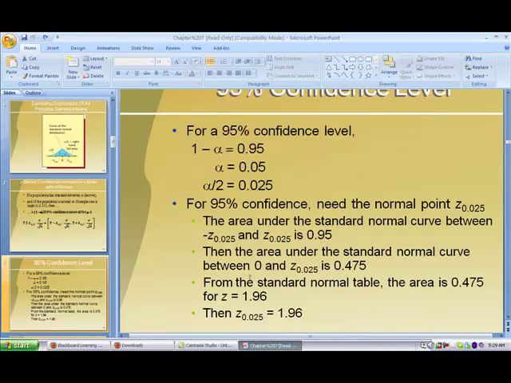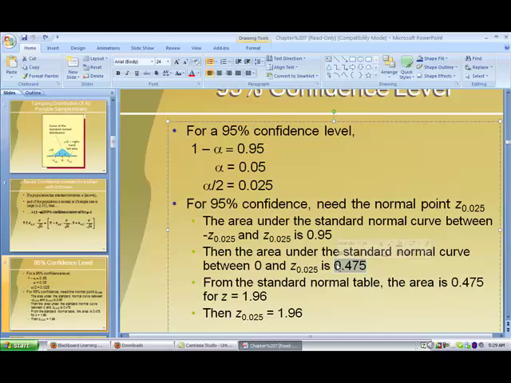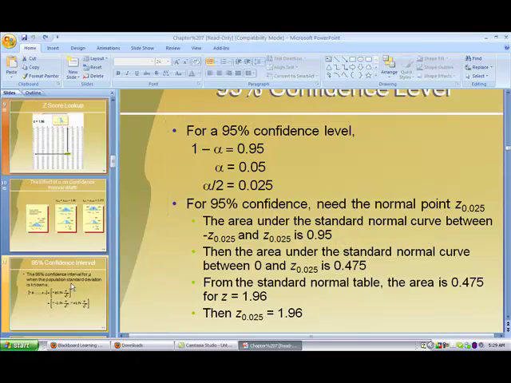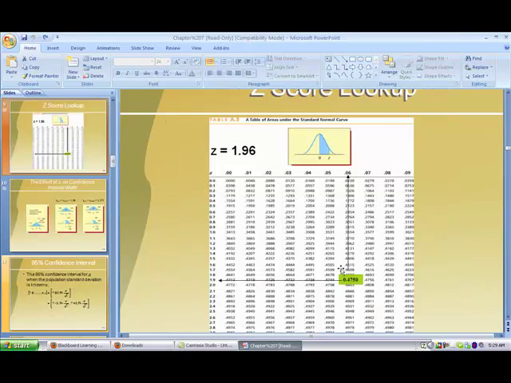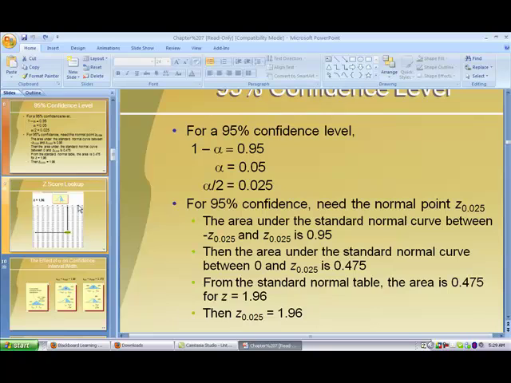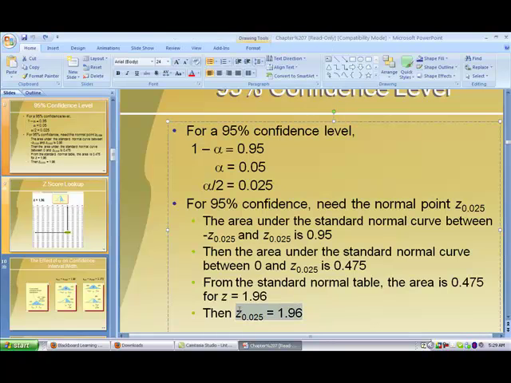So let's look at that. We're going to be looking for 0.475 on the table. It is right here, 1.9 and 0.06. This is how we got 1.96 for the z-score of 0.025. It's actually not bad to memorize this number because it's going to show up often. Same thing with the 99% one.